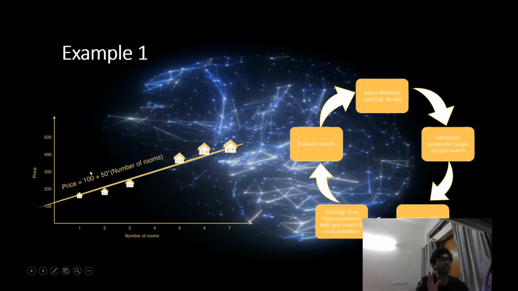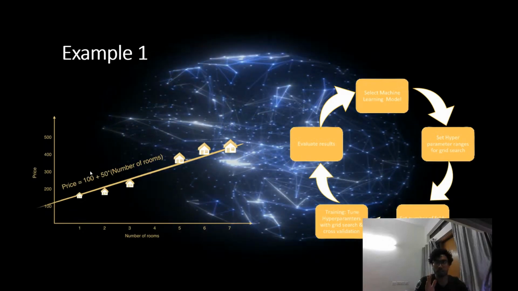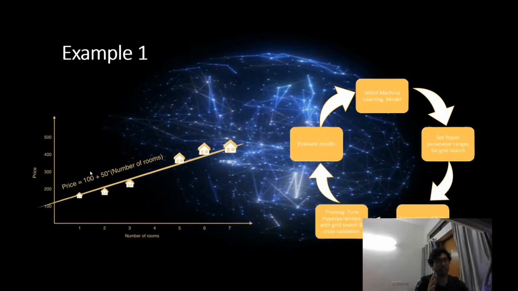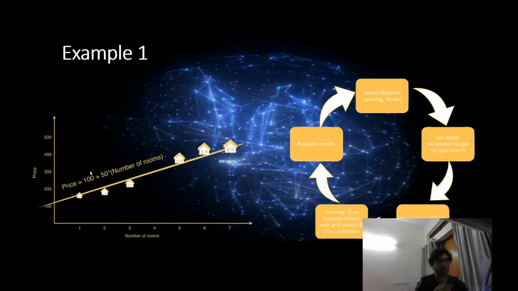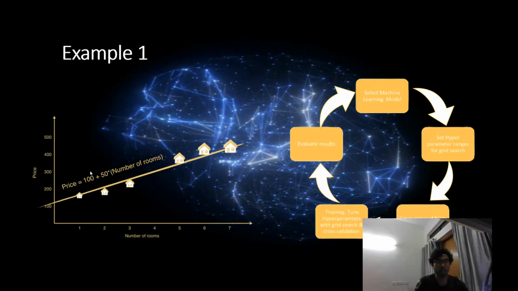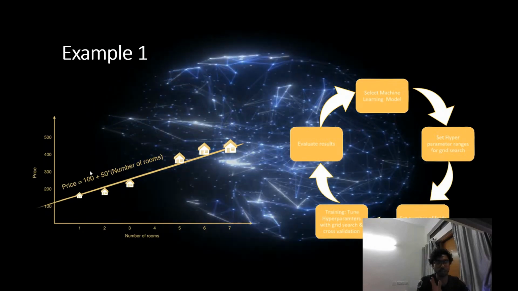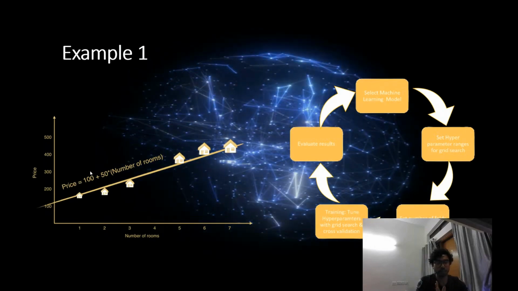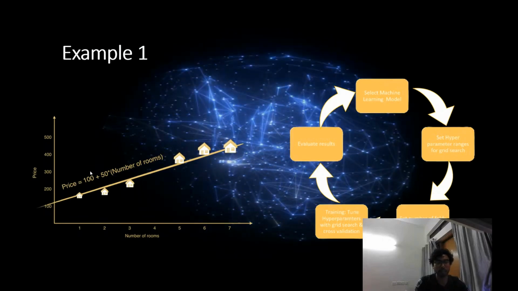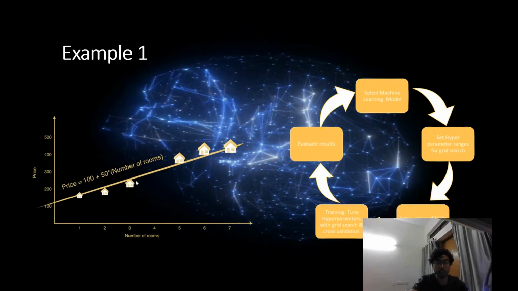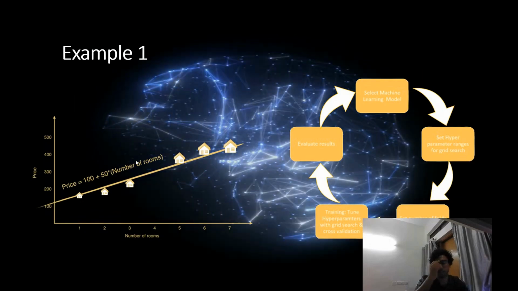From the start, you decide that you want to fit a line, not a curve or something else. This is a one-dimensional linear plot, but it might not be. I will come to that.